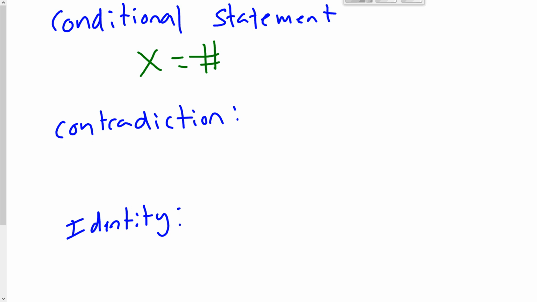Okay, it just equals a number. So for example, x equals 4 would be a conditional statement. That is basically you have one solution. So whatever equation we're dealing with, it's a conditional statement if x has to be a single number, right?